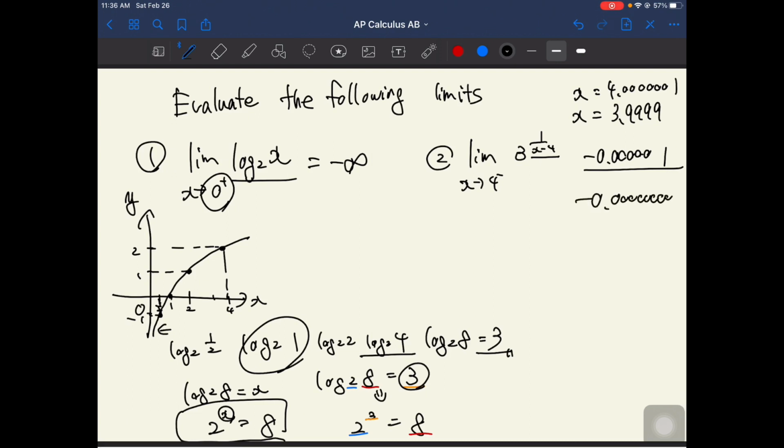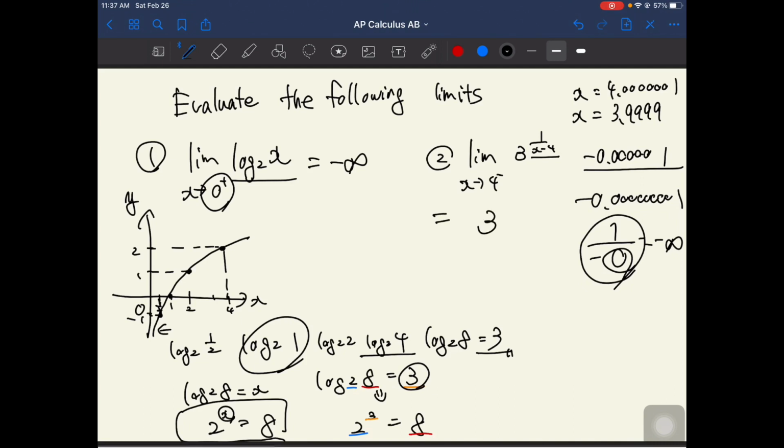This is getting close to 0, and it's going to be negative. So 1 over negative 0 is negative infinity. If the denominator is really small, the value is going to be really big. It's not 0 actually, it's really close to 0.